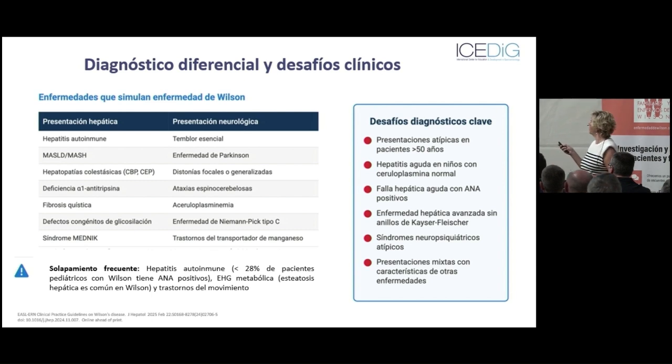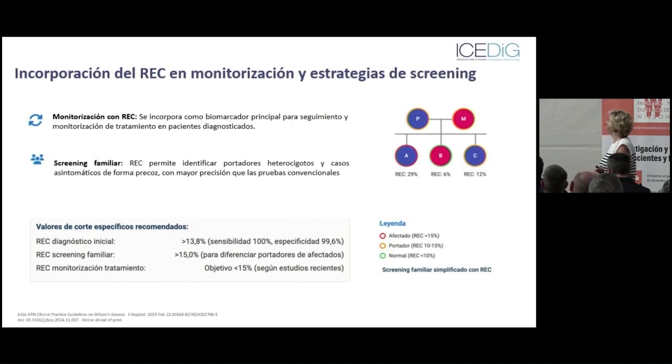Sometimes there's an overlap, there's a coexistence of conditions, and it's tricky. But apart from fatty liver, we have autoimmune hepatitis, which is increasingly prevalent, and it might be challenging to discriminate both conditions and we need to use all of these markers.